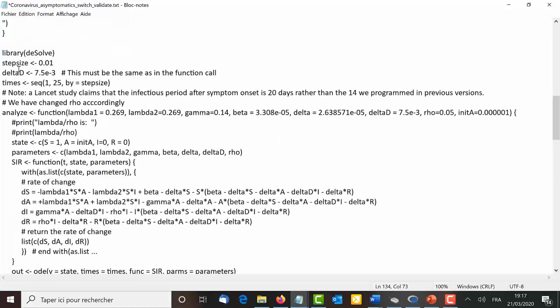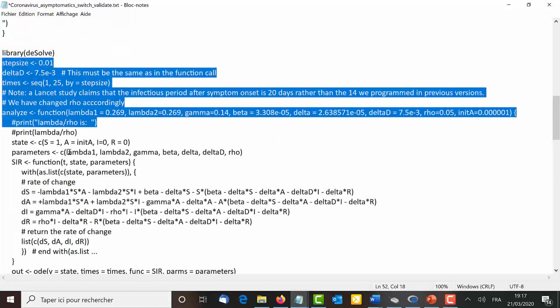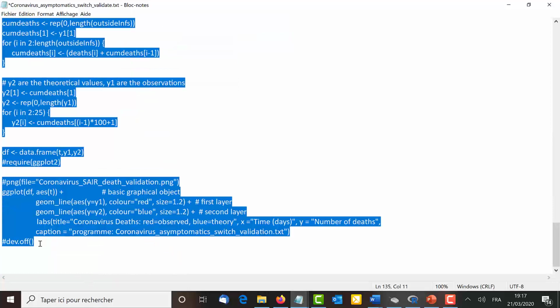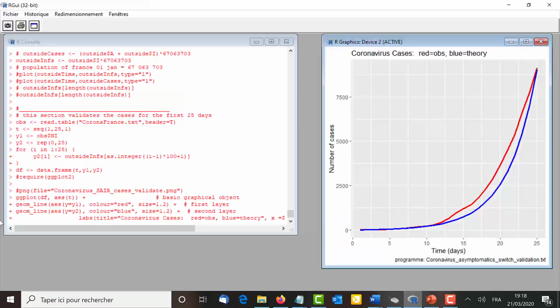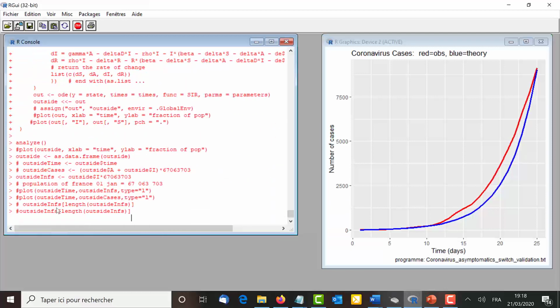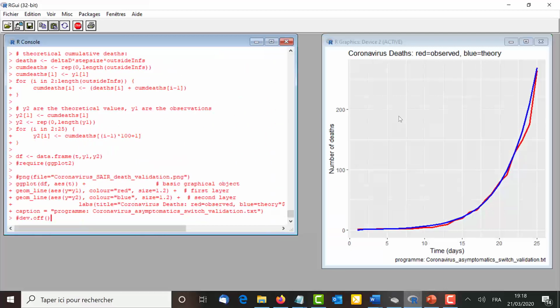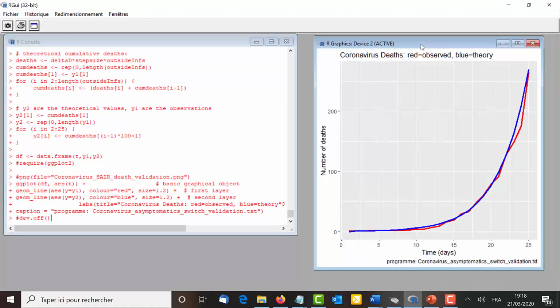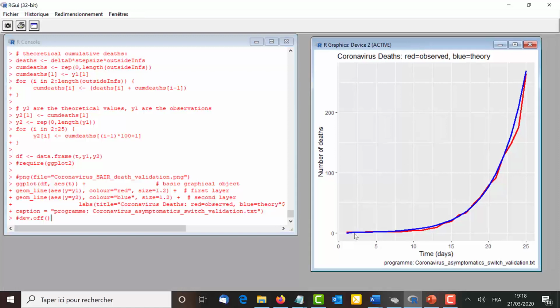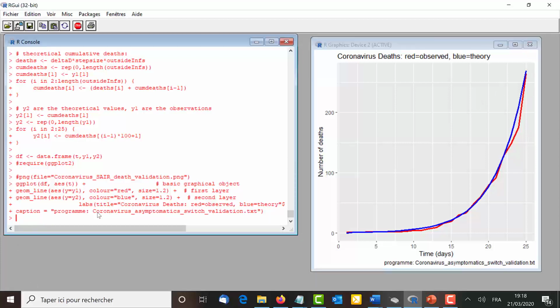So I'm going to go back, mark all of this as before, and plug into R again. That will give me this new curve: the observed deaths are the red curve, and the blue curve is the theoretical deaths predicted by our model with the parameters that we've selected here.